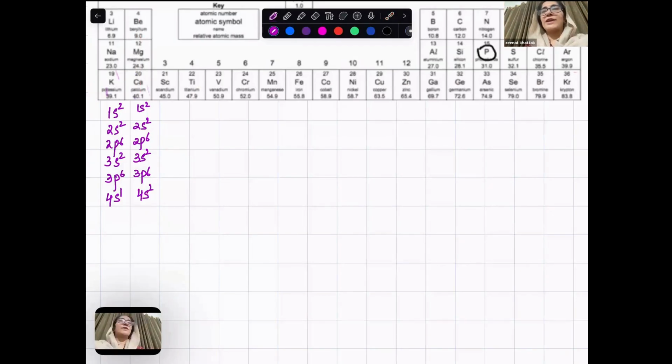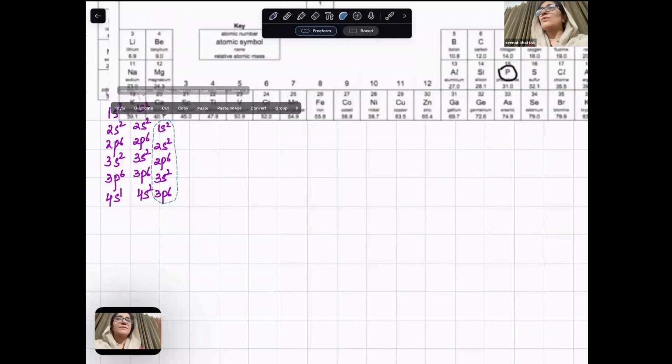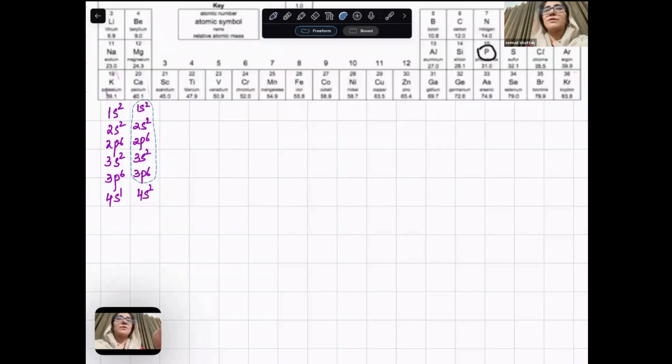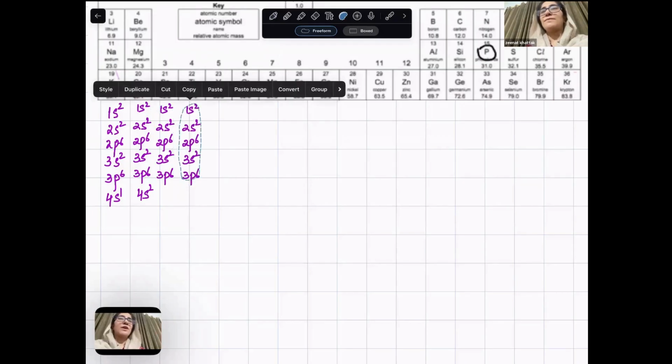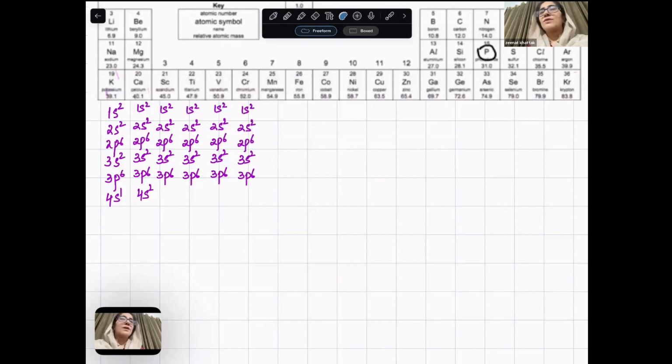Now scandium, titanium, vanadium, chromium: the first 18 are the same. It is the same in all these.